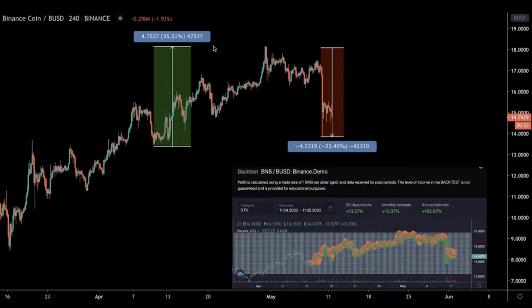So it was 35% of the price appreciation till that point, and then a consequent drop down minus 23%. And within this period of time, the bot, if I would initiate it, it would accumulate 13% in the quote currency.